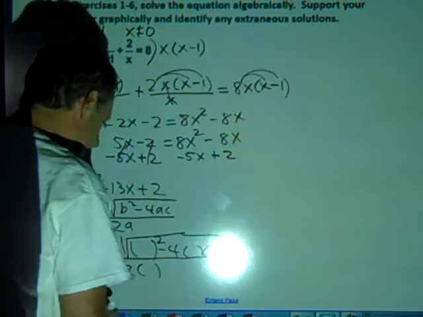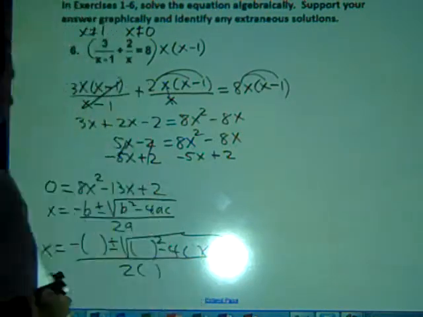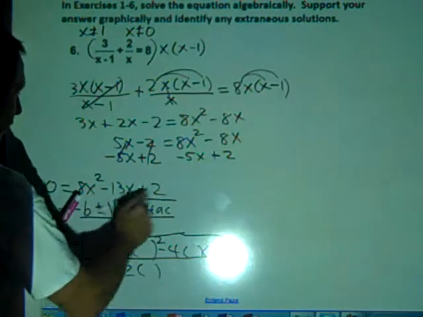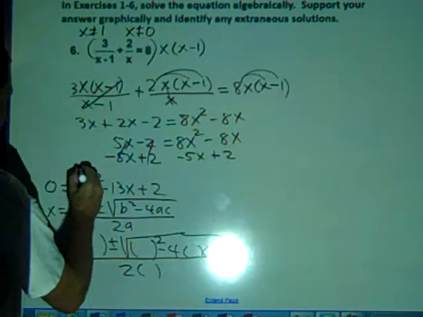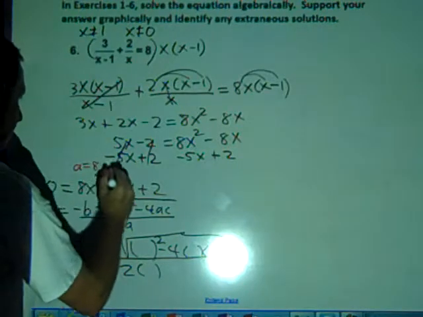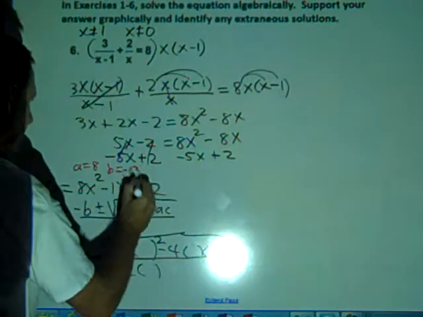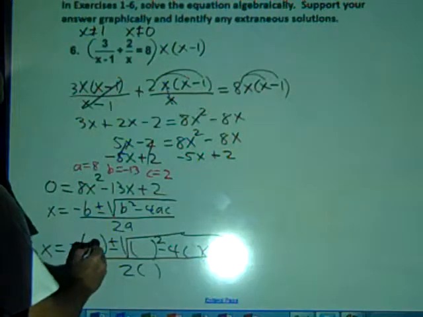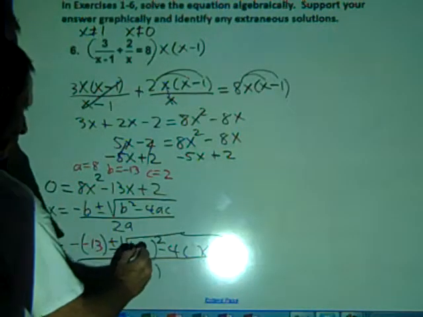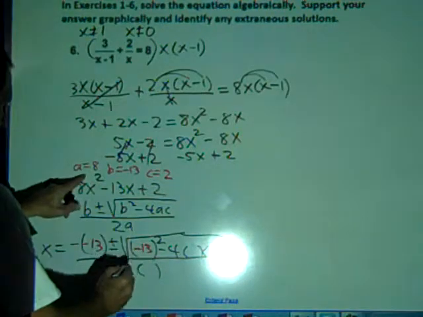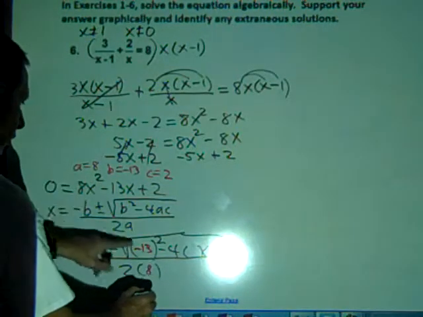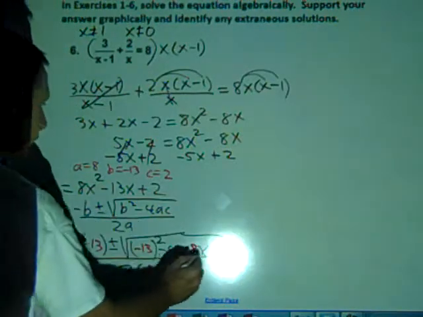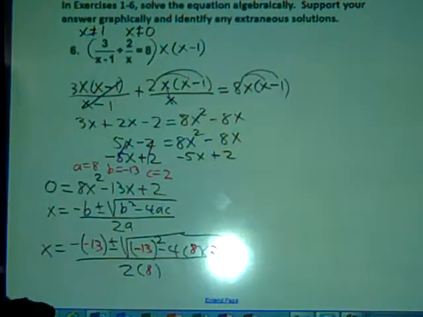And so plugging in values, we have the quadratic equation here in the standard form, where a is equal to 8, b is equal to negative 13, and c is equal to 2. So we plug in negative 13 here and here, we'll plug in 8 here below and here, and then we'll plug in 2 for c here.